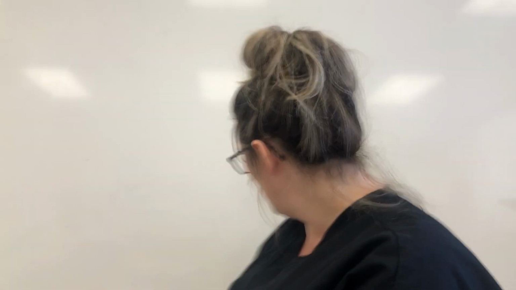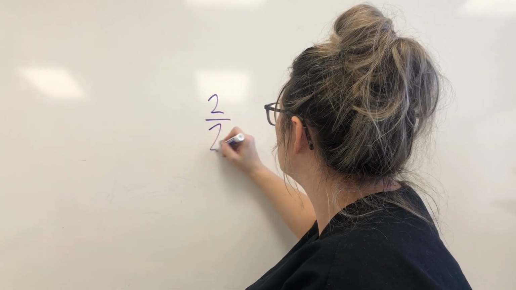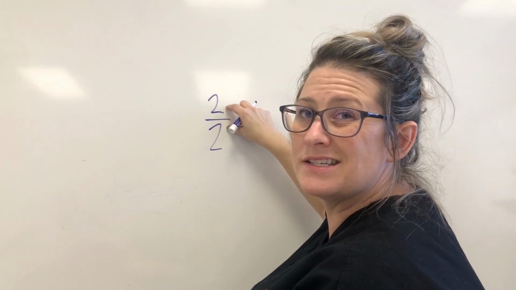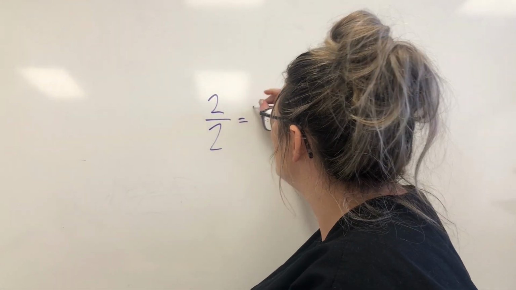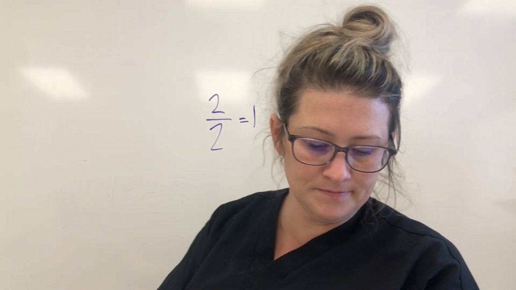So 6 divided by 3 is what? 2. Now if we do the denominator, the bottom of the fraction, 8 divided by 4 is 2. Then you end up with a fraction that is the same on the top and the bottom, 2/2. Any fraction that has the same number on the top and the bottom is equal to 1. So now I know that such fractions are equal to 1.